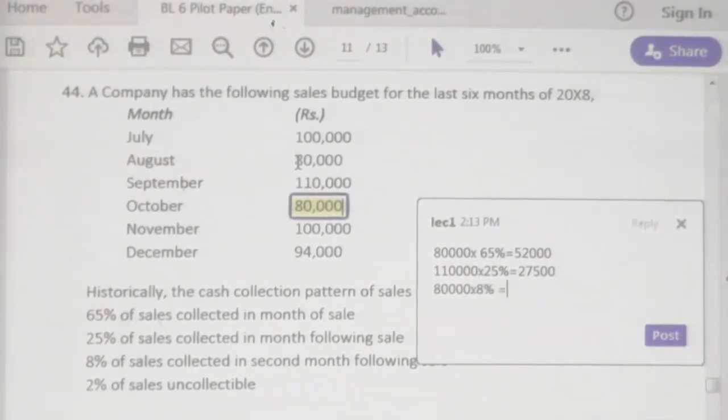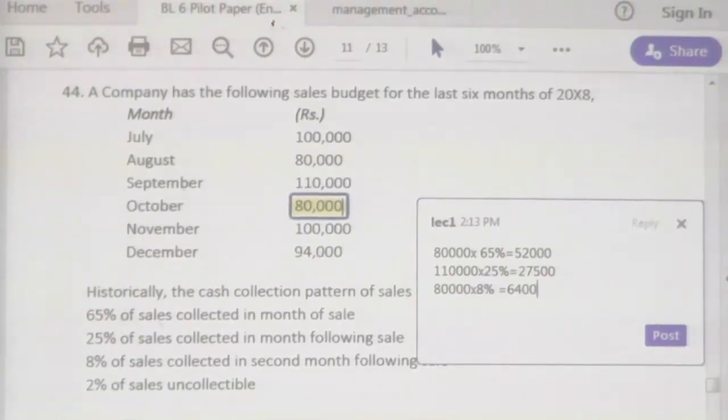The value will be 80,000 into 8%, 6,400 can be collected within October. Therefore, total collection will be 6,400, 27,500 plus 52,000.